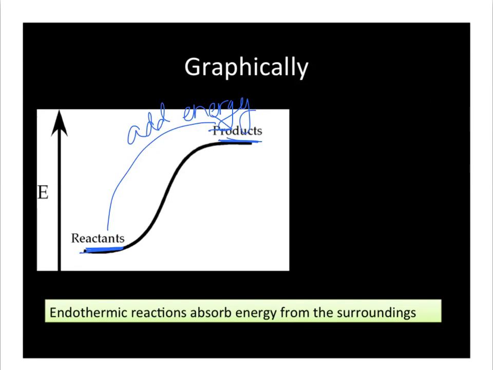Just like if you wanted to have a marble race down a track, or say a Hot Wheels car race down a track, you have to give it energy by placing it at the top of the track. Well, here we have reactants. We have to give them energy to get up to the products. So this can't go unless we add energy to the system.